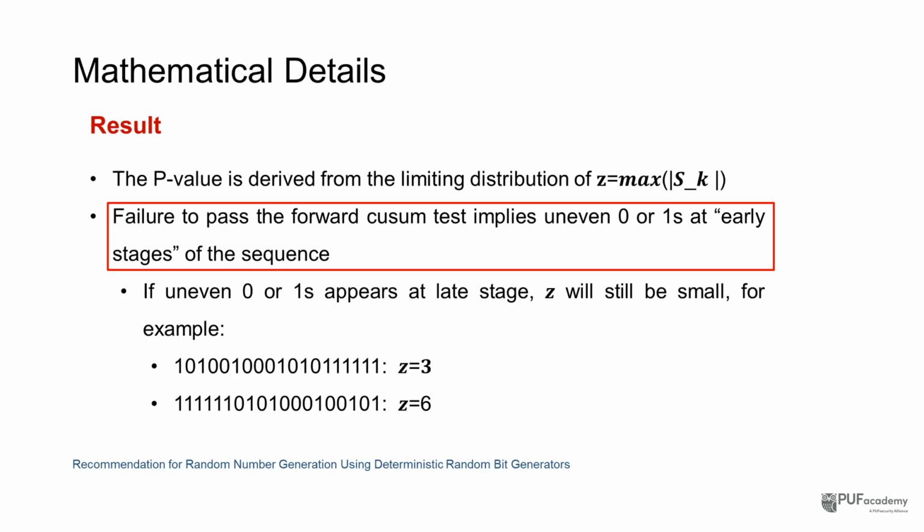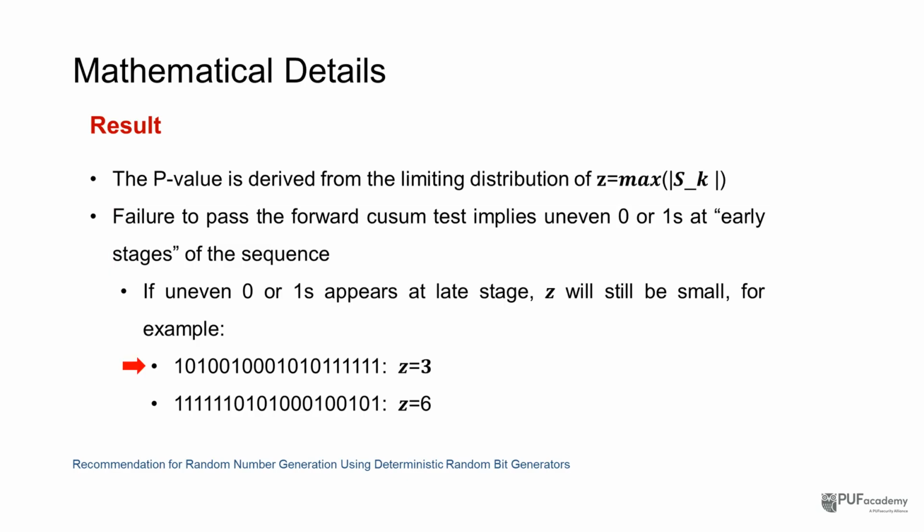We have a couple of examples to illustrate this. In the first example, a sequence like 1010010001010111111, the test statistic z is only 3. This low number suggests a strong balance despite the long run of ones at the end.